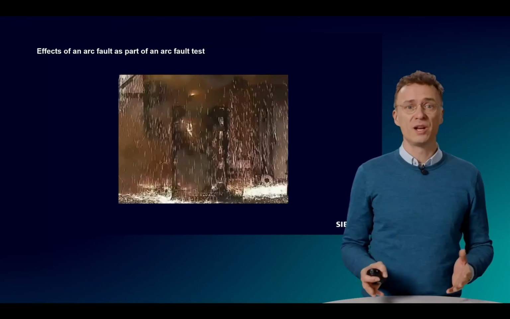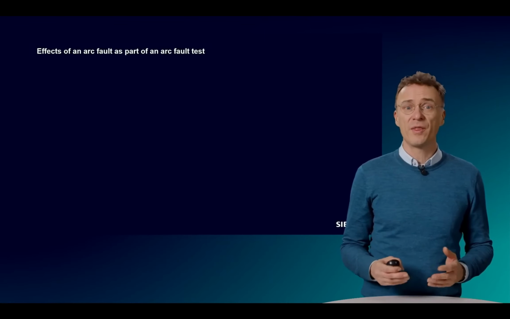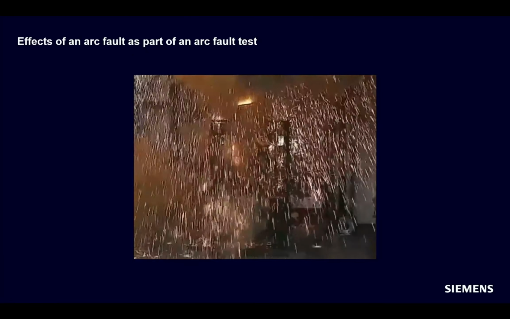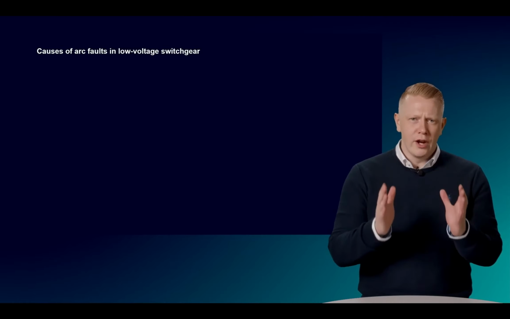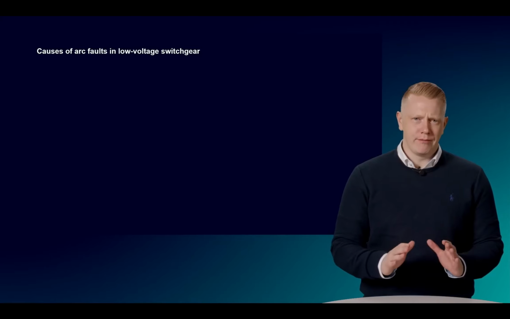In this short video, you can clearly see the destruction that comes from such an event. That's very impressive. It is also important to know how such incidents can occur. First of all, arc faults are very rare. They represent an absolutely exceptional situation.